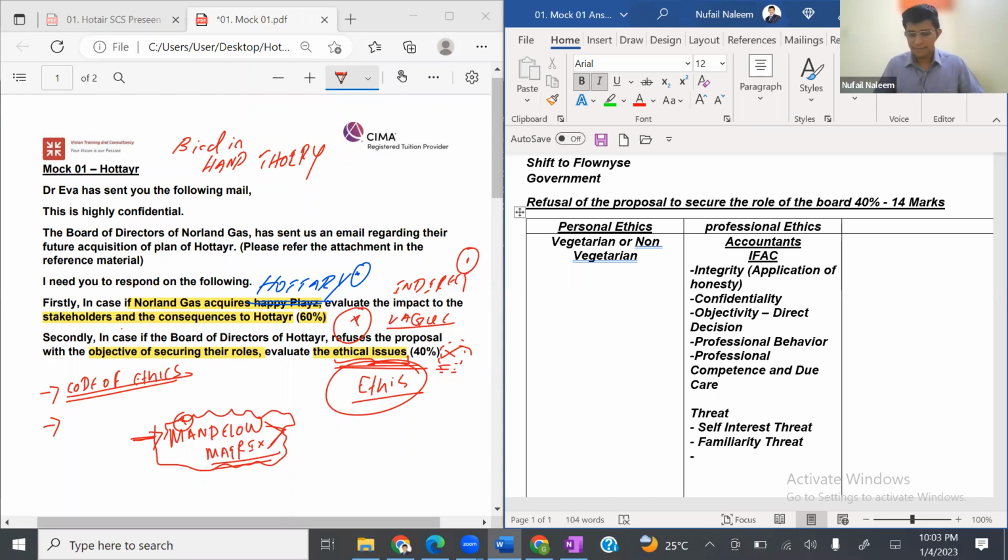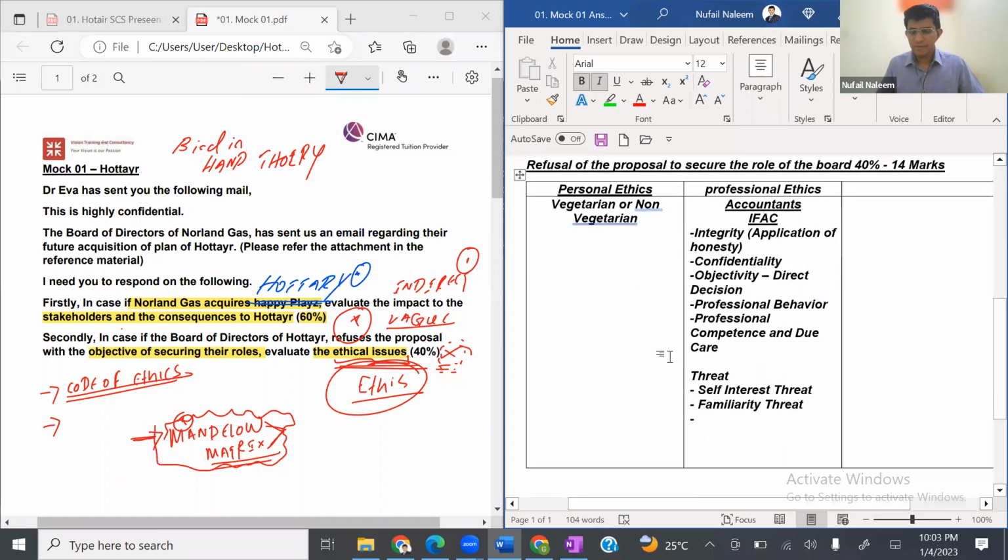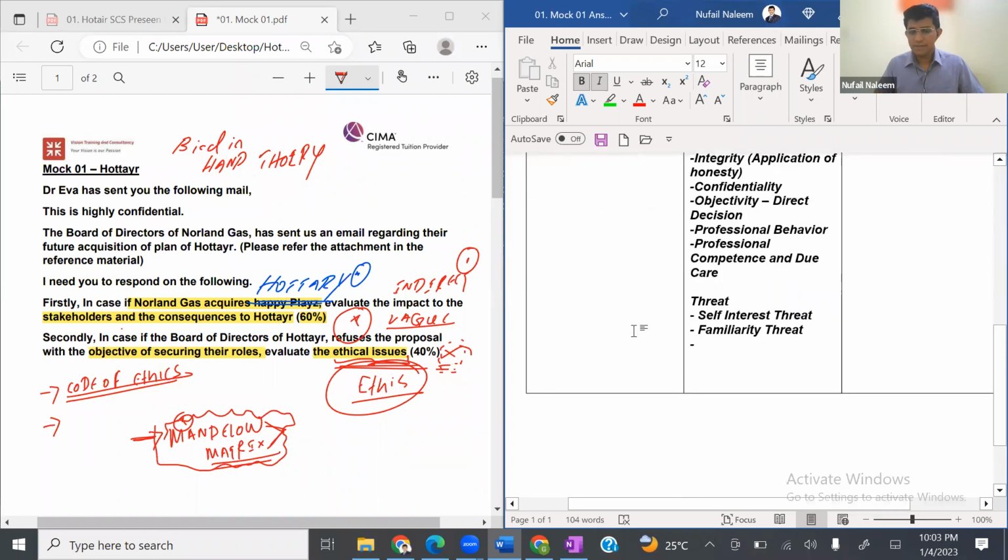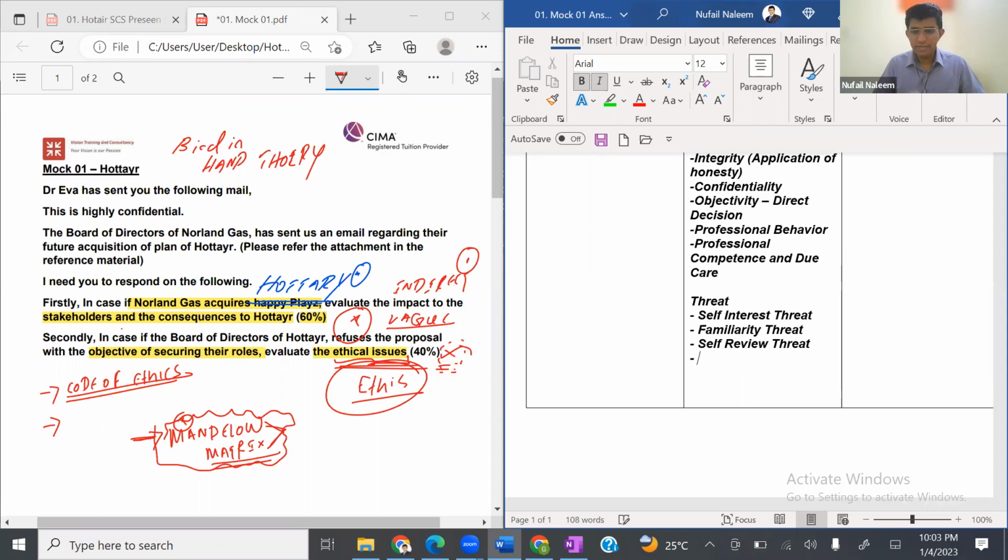Then there is the self-review threat. Observe it very clearly: self-review threat is when you're not allowing an audit to take place. You don't want to give an independent audit.